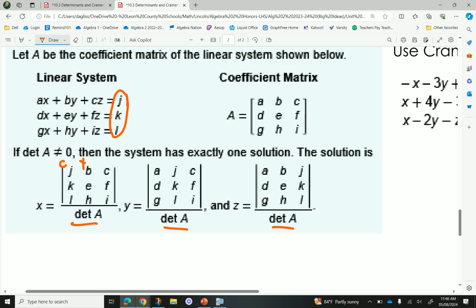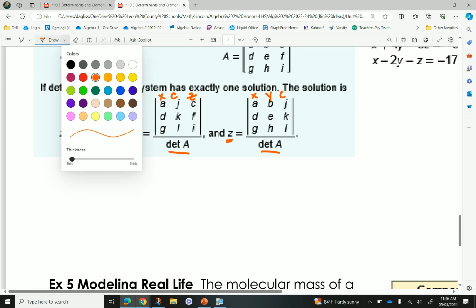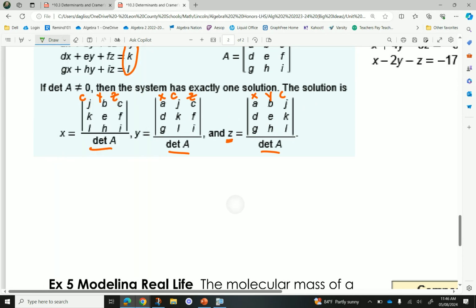Look, it's my constants, my Y's, and my Z's. My X's, my constants, my Z's. My X's, my Y's, and my constants. So what we're looking for gets replaced with the constant column. Okay? So let's set up each one of these. We'll do X first.